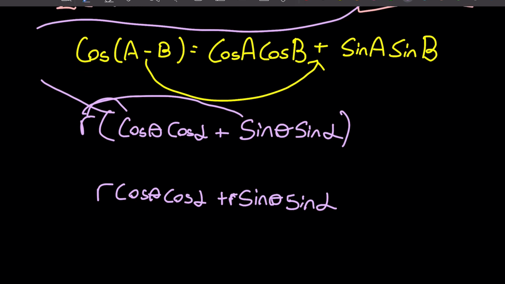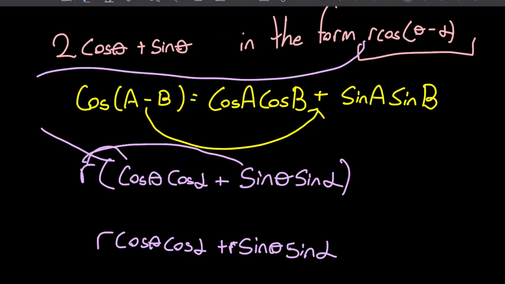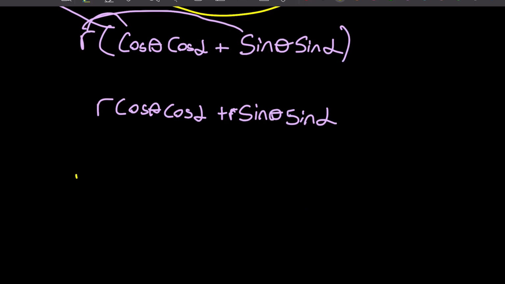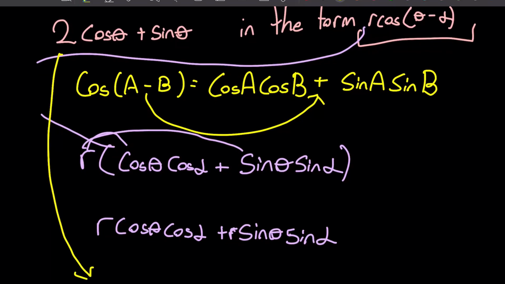So what we can do is equate these two terms, because if 2 cos theta plus sine theta can be put in another form, that means it should just be the same thing, right? So taking the 2 cos theta plus sine theta from the question, it should be equal to r cos theta cos alpha plus r sine theta sine alpha.